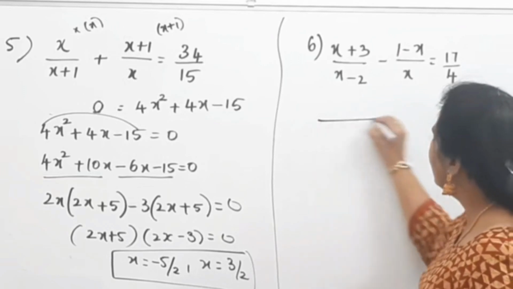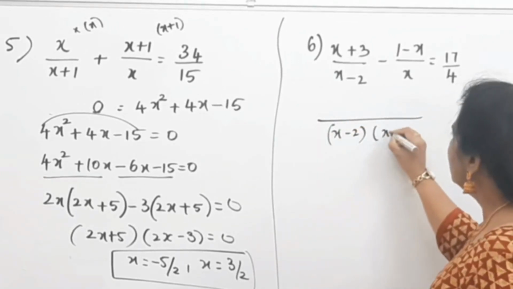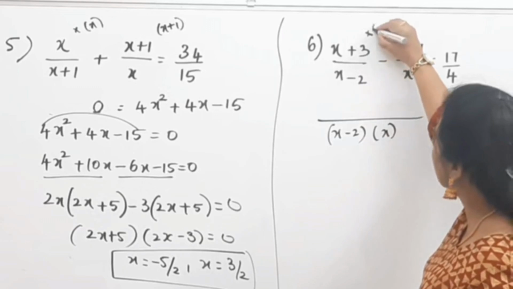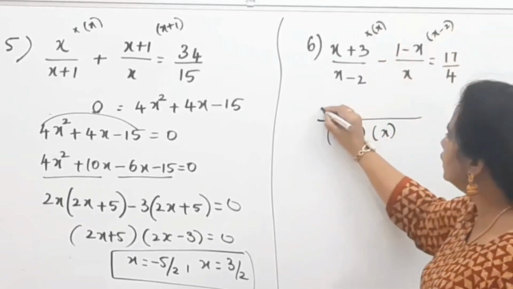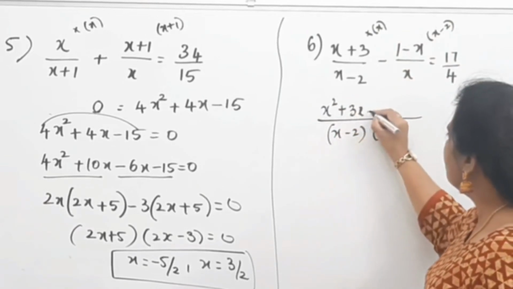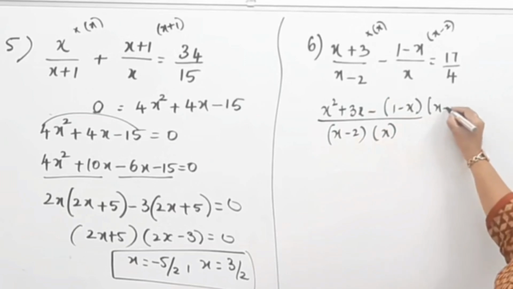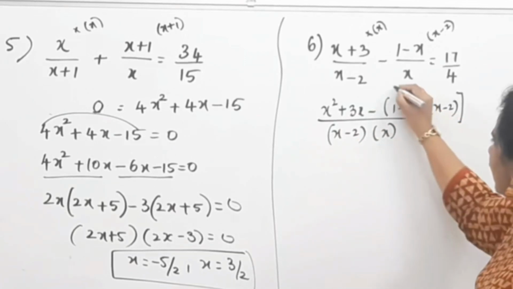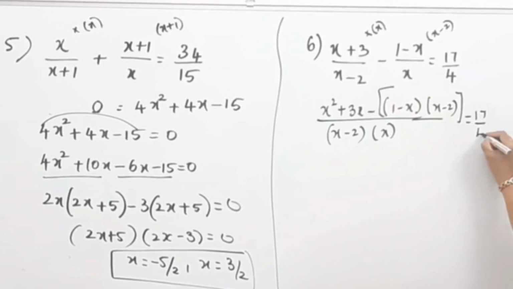So my LCM is (x minus 2) into x. So I would multiply this by x and this by x minus 2. So this becomes x squared plus 3x minus of (1 minus x) into (x minus 2). So you will have it in a bigger bracket, that's equal to 17 by 4.